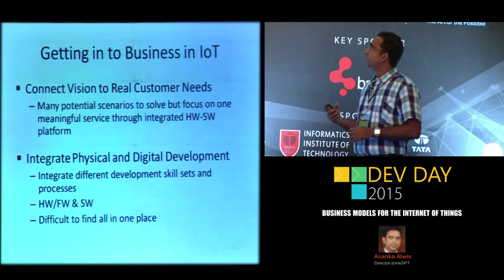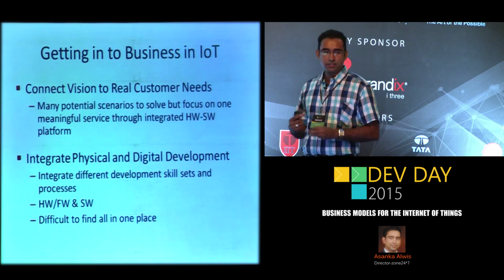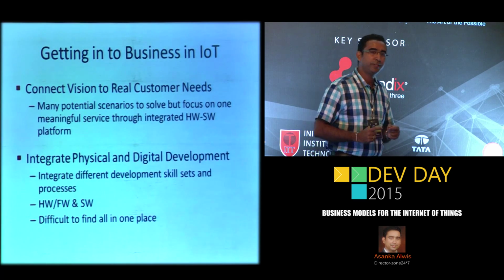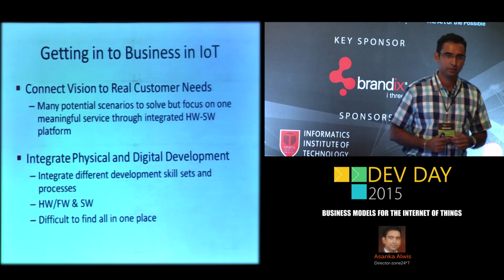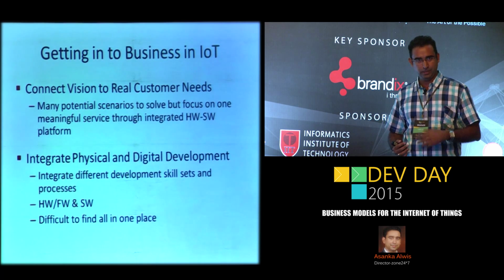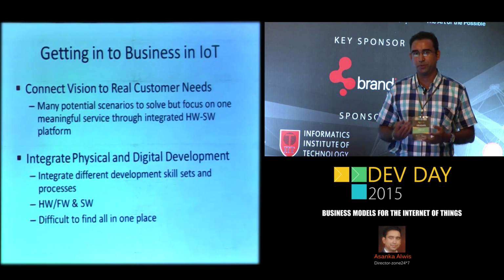And getting into business in IoT, what are the things that you have to consider? First, you have to connect your vision with the real customer needs. Because you can't create a fake need and give them a solution. That won't work.